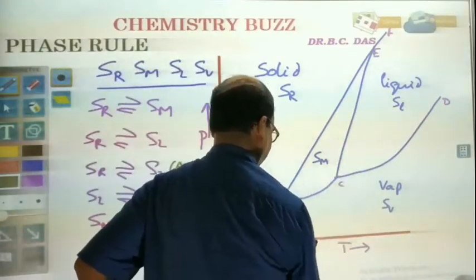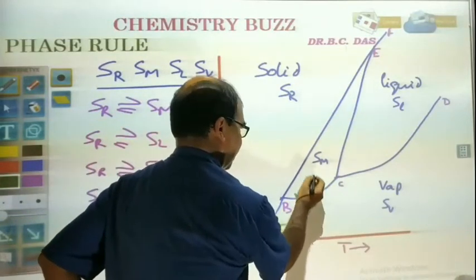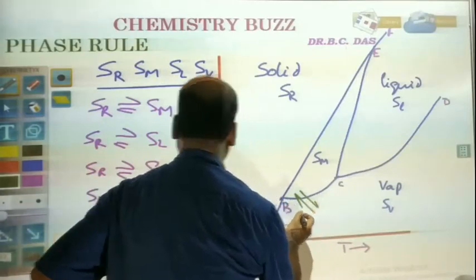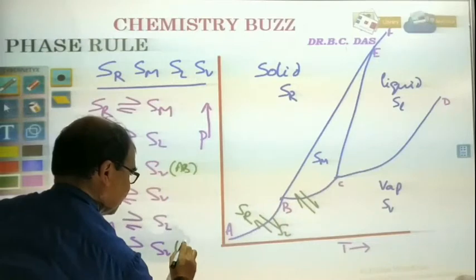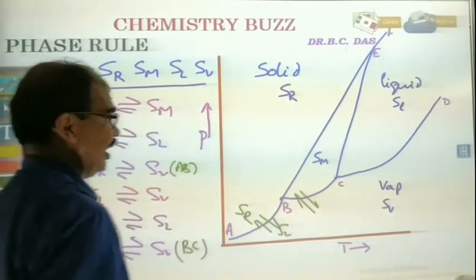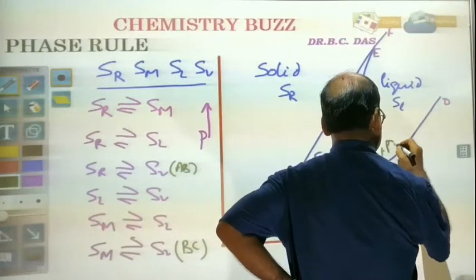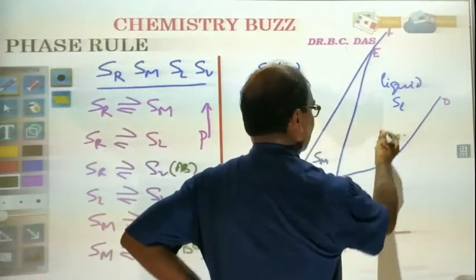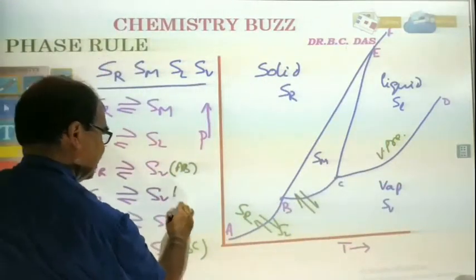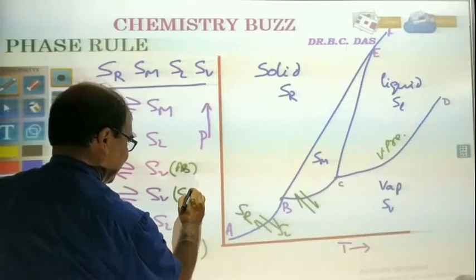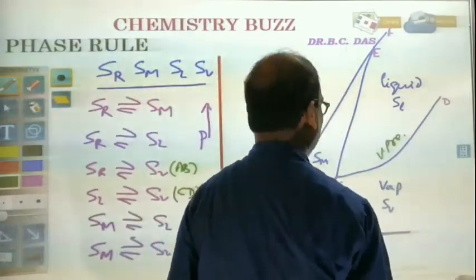Then BC: this is the equilibrium of SM-SV, the BC curve. And the CD curve is the vapor pressure curve, SL-SV. This is the vapor pressure curve of the sulfur.